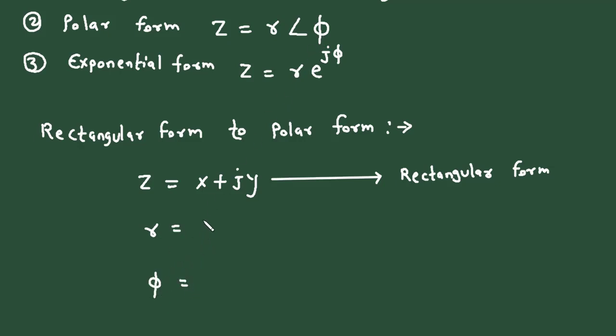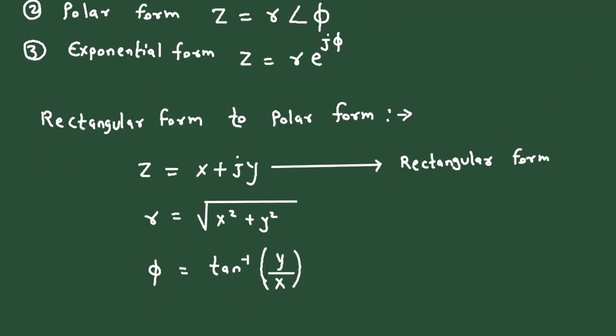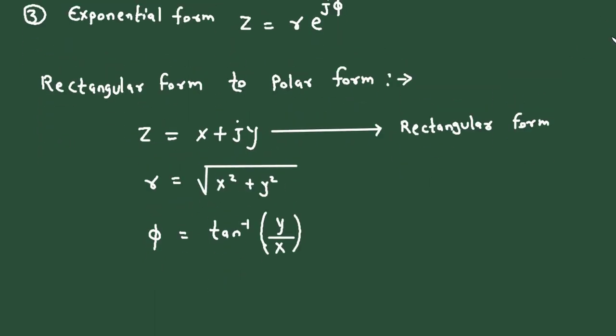So r is equal to under root of x square plus y square, and phi is equal to tan inverse of y by x. This is r and phi. So this is how we can convert rectangular form to polar form.